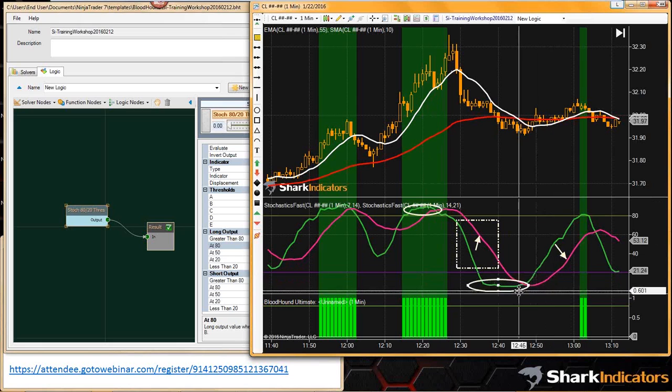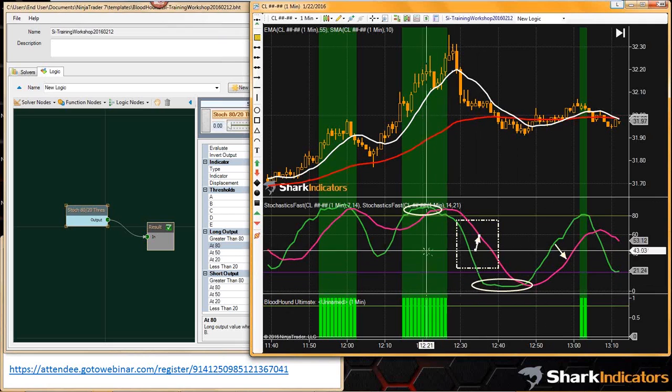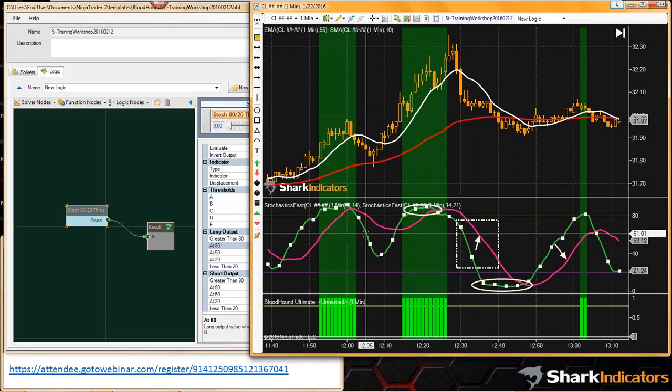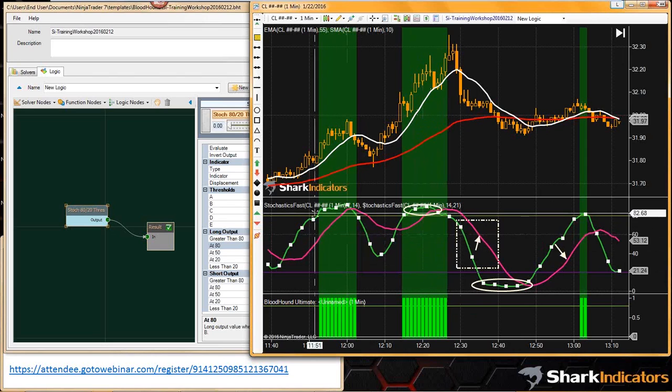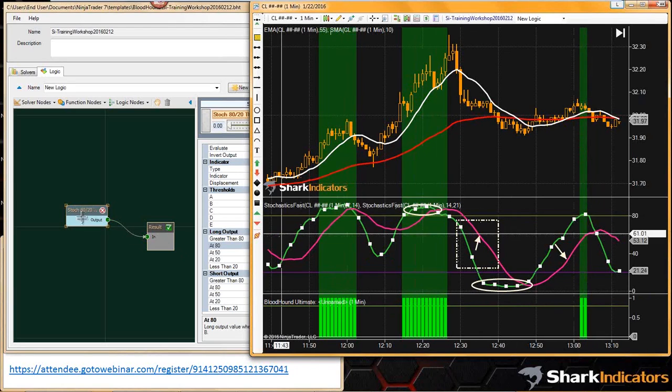Sorry. The green line is the faster one. So, okay, we are looking at the green line. Sorry about that. Okay, so we can see, right, the faster stochastics, which is the green line, when it's overbought, above 80, we're getting a long output there.